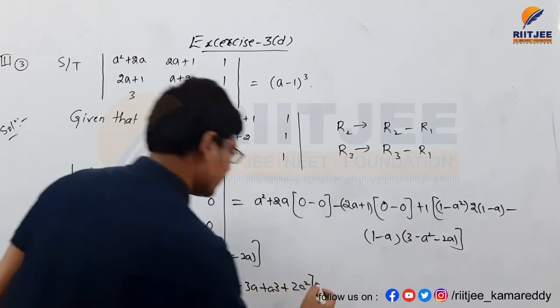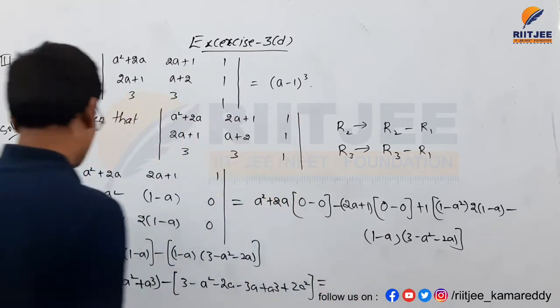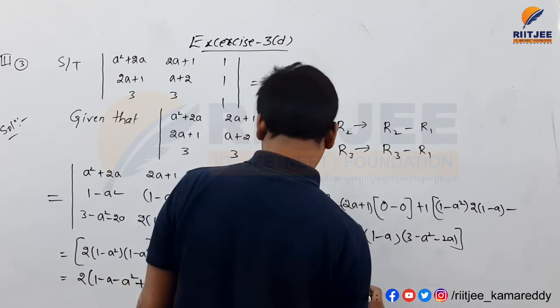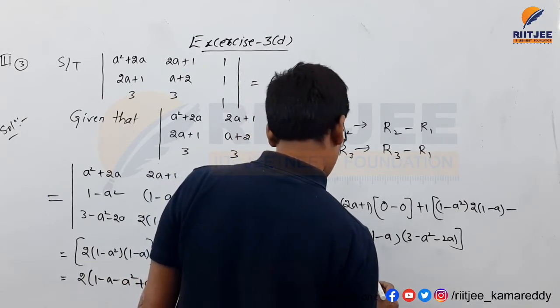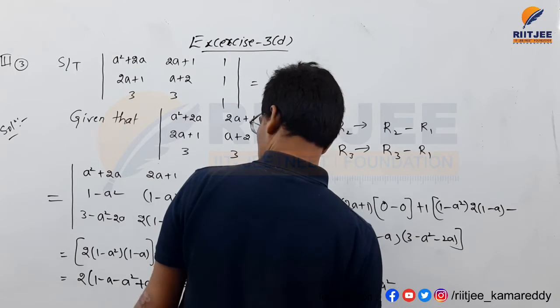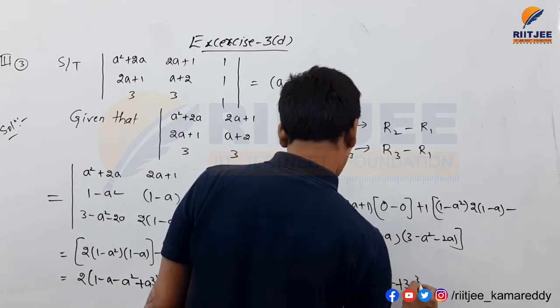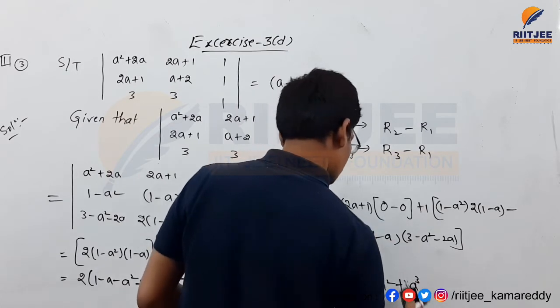So this will equal 2 into a, 2 into minus a minus 2a, 2 into a square minus 2a square plus 3 into plus 2 into 3a cube.